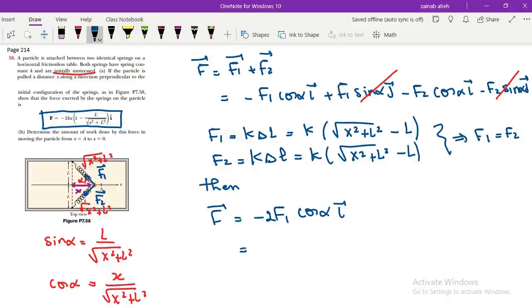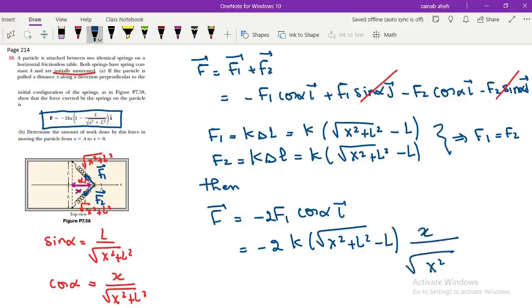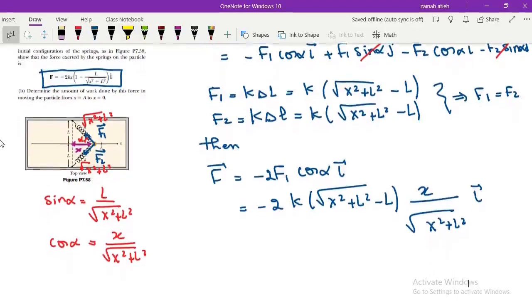I will substitute: it's minus 2 F1, which is K radical x squared plus L squared minus L, times cosine alpha, which I got earlier: x over radical x squared plus L squared. I'm trying to reach the formula that they gave me.